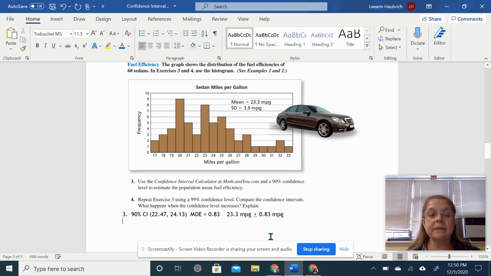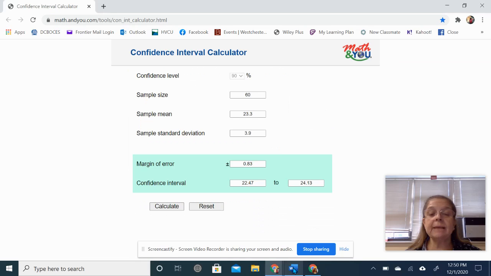So I have to hit reset and re-put in the 23.3 and 3.9 and change from 90 to 99. We can't just change it to 99. It won't let us, so we have to actually hit reset, drop it down to 99.